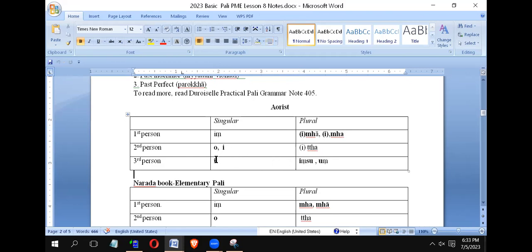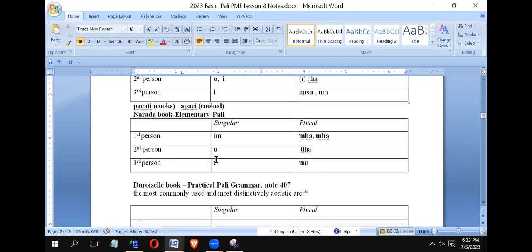For example, let's say if you're talking about cooking, pachati is cook. And then past tense here will be pac, and then you put I: pachi, or sometimes you put the a: apachi, means cooked. So this is one example here.